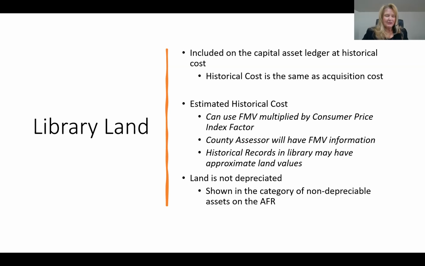So if a financial statement user can look at the historical cost of all assets and the accumulated depreciation on those assets, they can get an idea of the resources that are going to be needed in the near future to replace those assets.